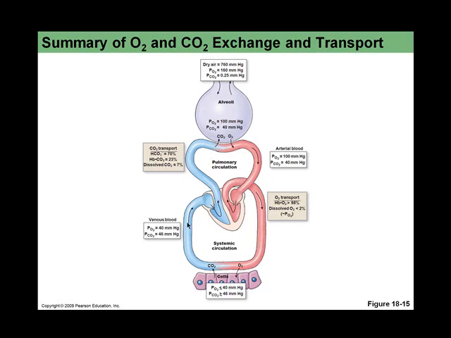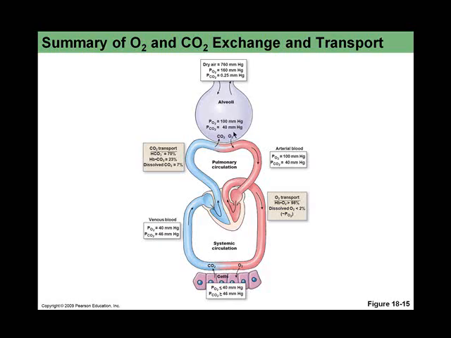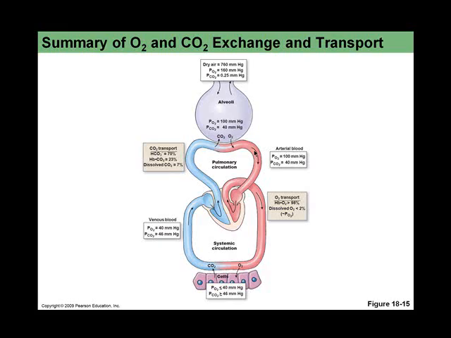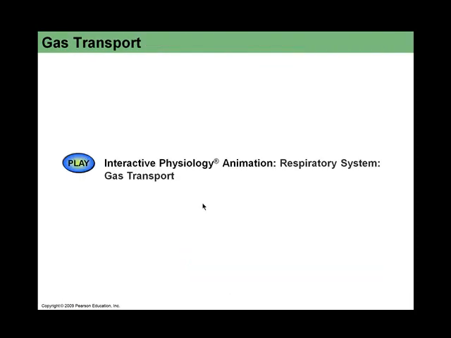So in other words, a venous blood draw will be representative of what the tissue should be experiencing. And arterial will represent the pulmonary function, how effectively the pulmonary circulation is generating the PO2, PCO2 that should be delivered to the tissue to sustain homeostatic levels. So there is an animation for you to view.